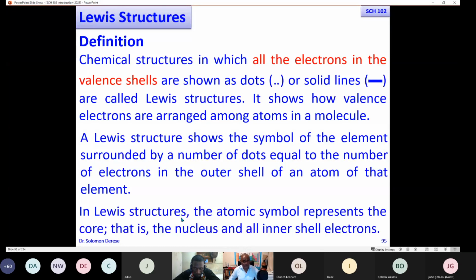In Lewis structures, the atomic symbol, C for carbon, O for oxygen, H for hydrogen, Na for sodium, represents the core, that is the nucleus, where you have the protons and the neutrons, and then the inner shell electrons. That's what the atomic symbol represents. We show the valence electrons as dots.